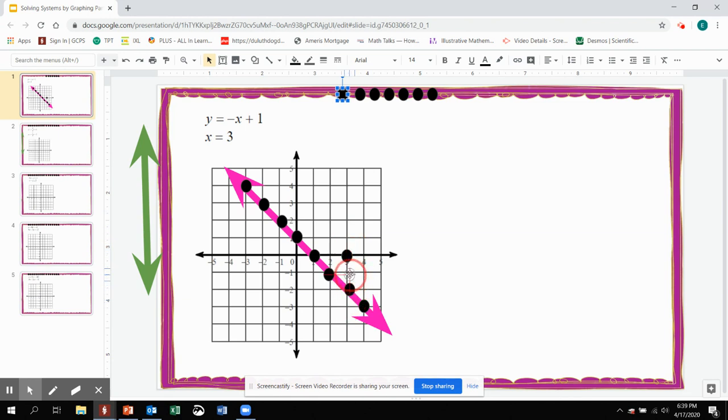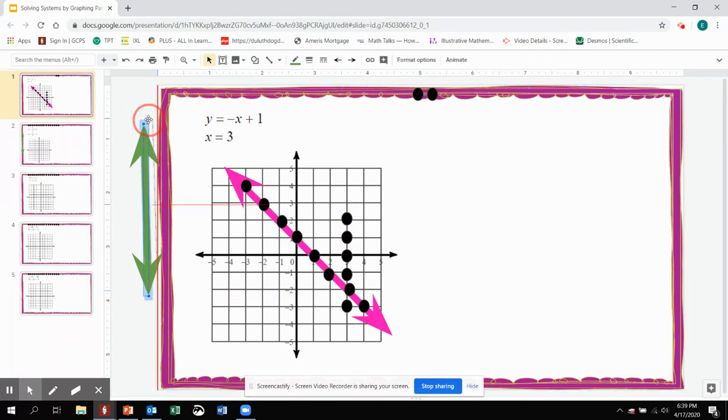So from here, I can move down and my y value will change, but my x value will stay the same. I also could move up. Again, my y values are changing, but my x values are still positive 3 here. Now I have created some points that I can connect with a line. And what I'll notice is that I'm making a vertical line.